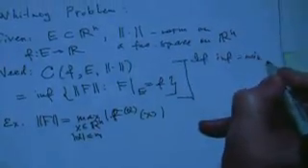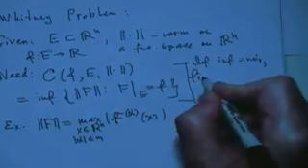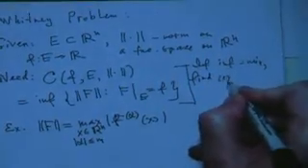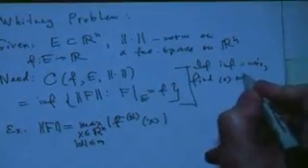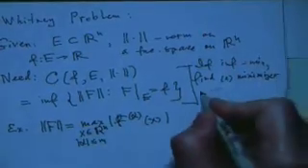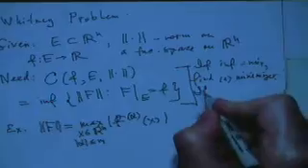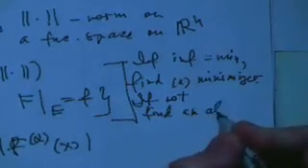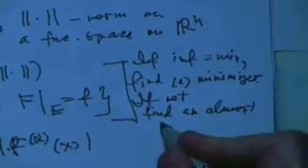Therefore, we can add something else. If infimum is minimum, find a or the minimizer. It might be not unique. If not, if infimum is not attained, find an almost minimizer.